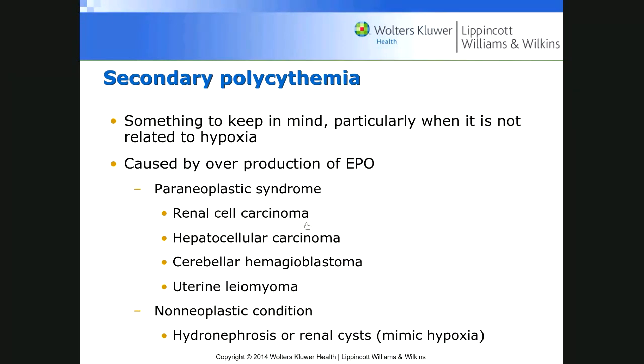We're going to get back to this later on too, but this is also known as the great mimicker. So it mimics a lot of conditions, but they put out EPO: hepatocellular carcinoma, cerebellar hemangioma, uterine leiomyoma.